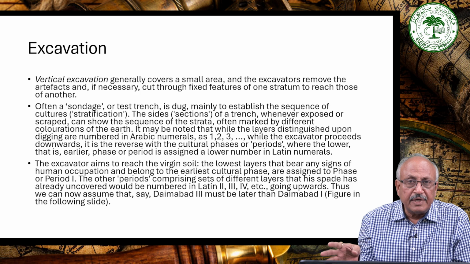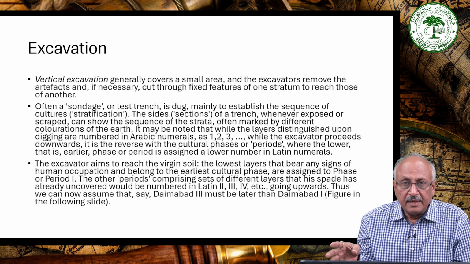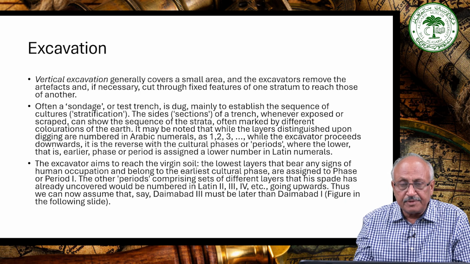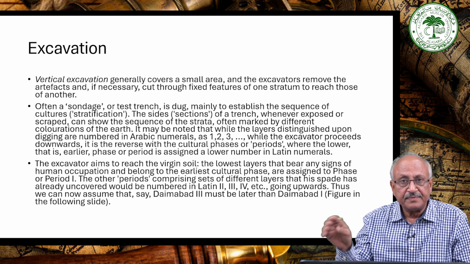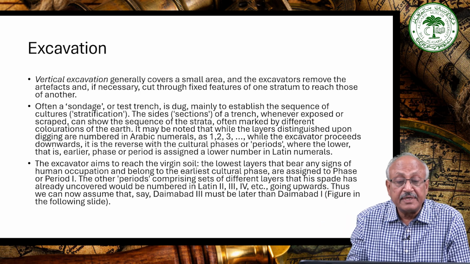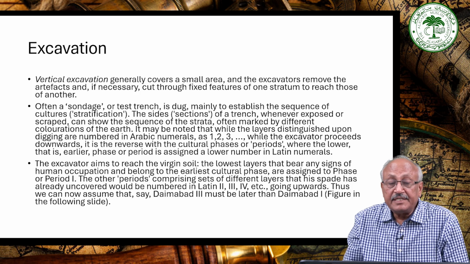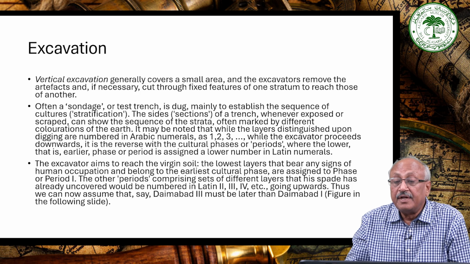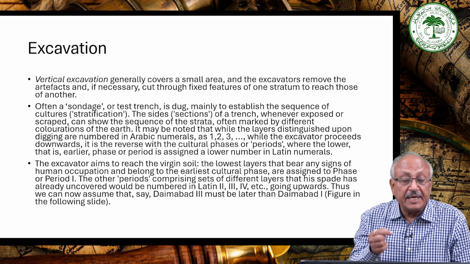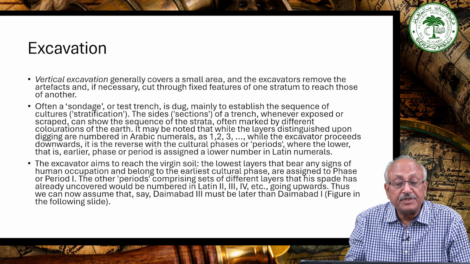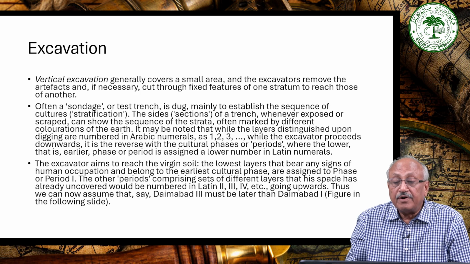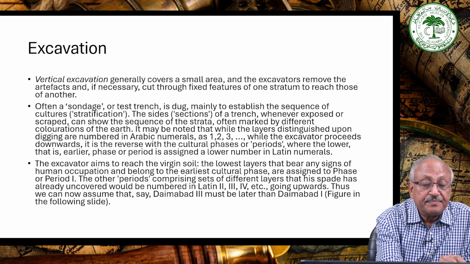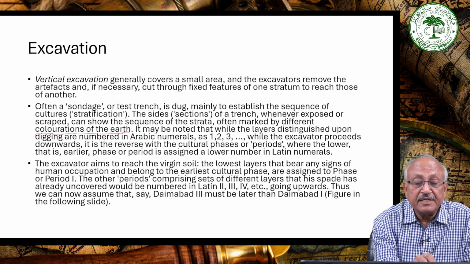If you go to any large building construction site, they cut the earth very deep, so you can see the layers with your eyes. That is what I mean by stratification. The sides of that site are called sections of a trench. Whenever exposed or scraped, one can show the sequence of the strata, often marked by different colorations of the earth.